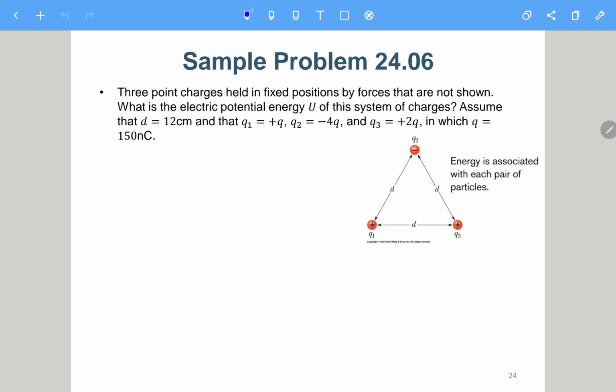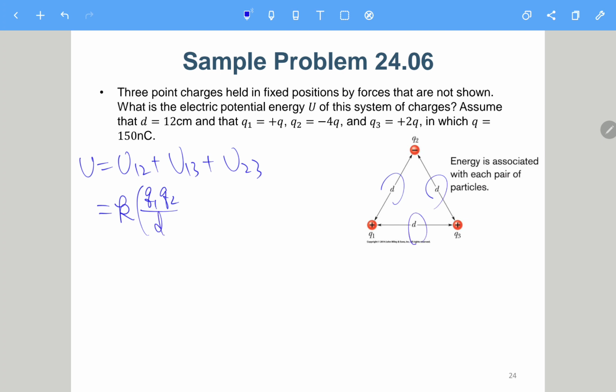Here there are only 3 charges, so U equals U12 plus U13 plus U23. They are 3 terms in total. We have k times Q1 times Q2 over the distance between them. This is an equilateral triangle, so the distance between every 2 charges is also d.